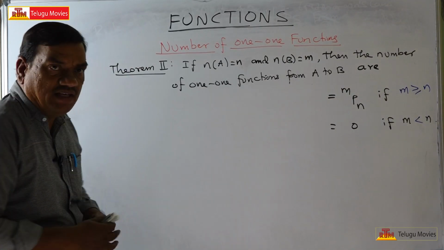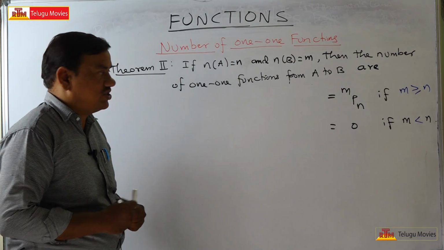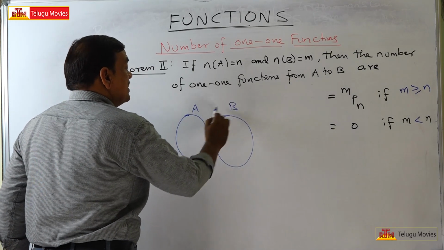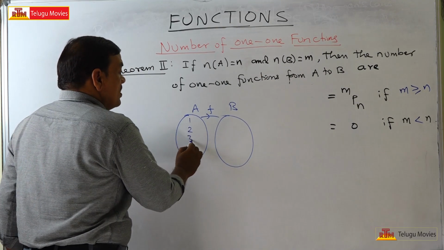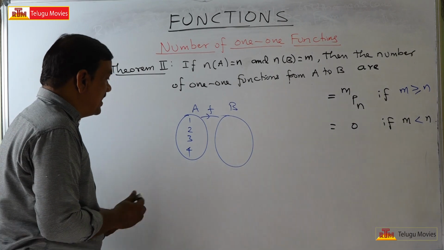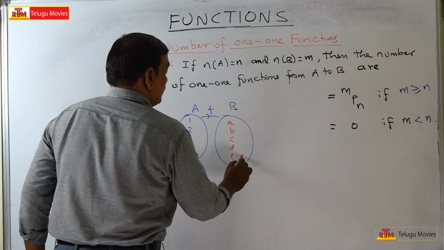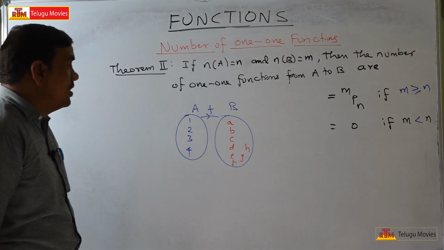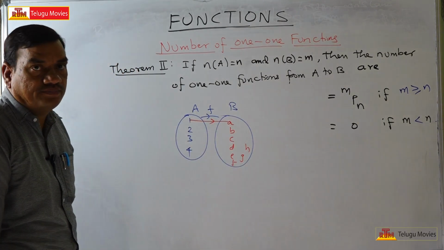So before explaining this, I am going to briefly explain what a one-one function is. Let A and B be two non-empty sets. Let f be a function from A to B. Let the elements in A be 1, 2, 3, 4, and B contains the elements a, b, c, d, e, f, g, h, like this. So to make an f from A to B, let us say that 1 is associated with a.